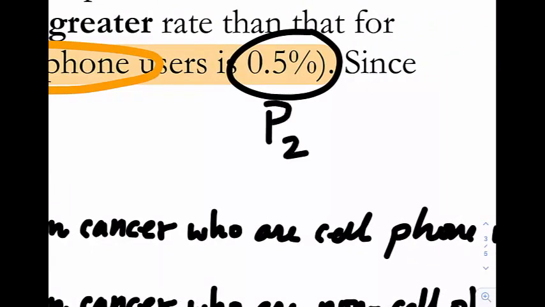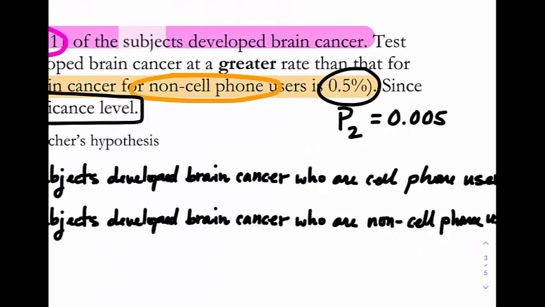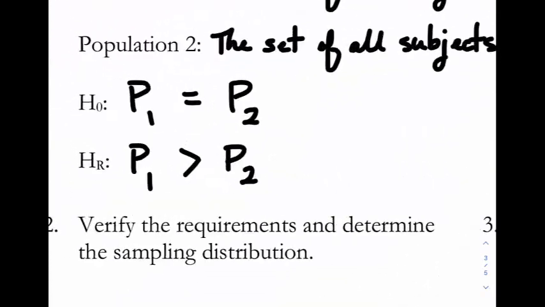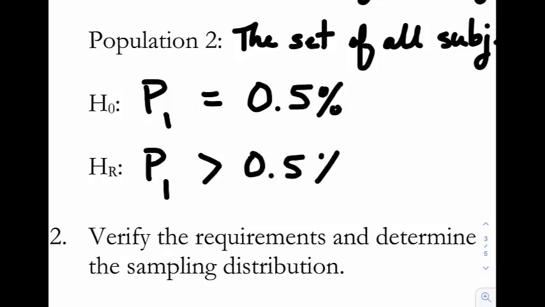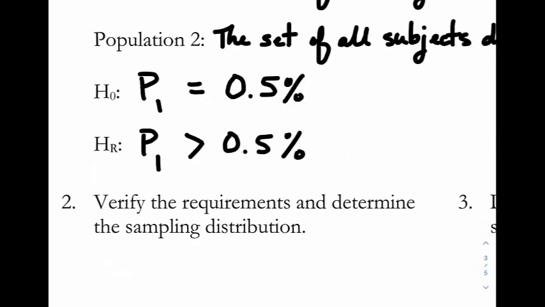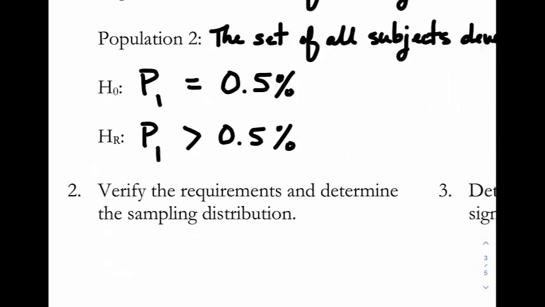This one's P2 at 0.5%. Recognize that as a percentage it could be converted into 0.005 in decimal form, so either one would be acceptable at this step. So we're going to say that P1 is 0.5%, yet we're going to try to prove it's more than that because of cell phone users.